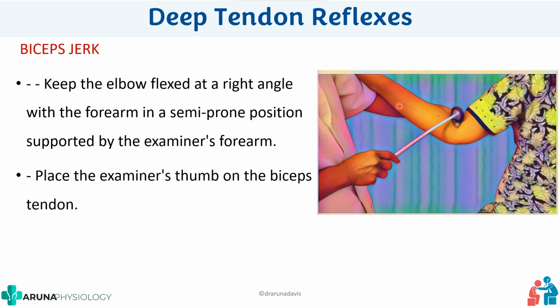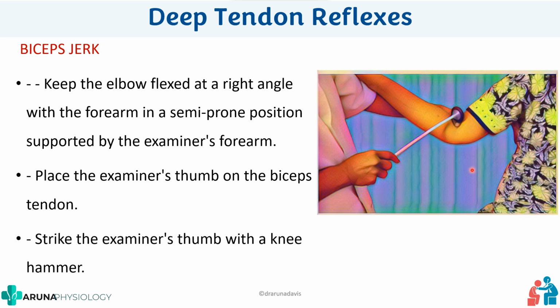You have to place the examiner's thumb on the biceps tendon. Here you can see that the examiner's thumb is on the biceps tendon. And then we strike the examiner's thumb with the knee hammer. You are not supposed to directly strike over the biceps tendon; you are actually striking on the examiner's thumb. See here, the position is very important.